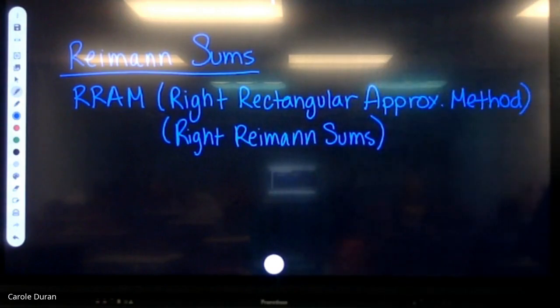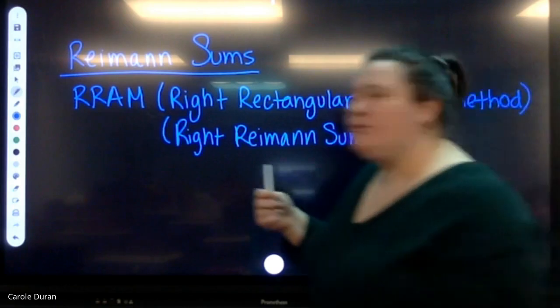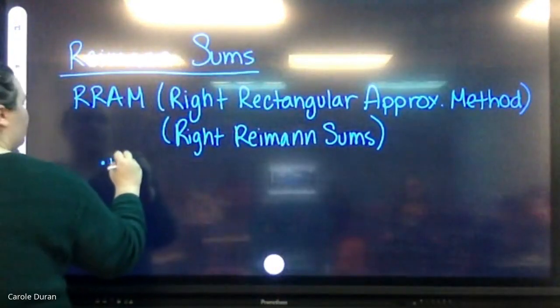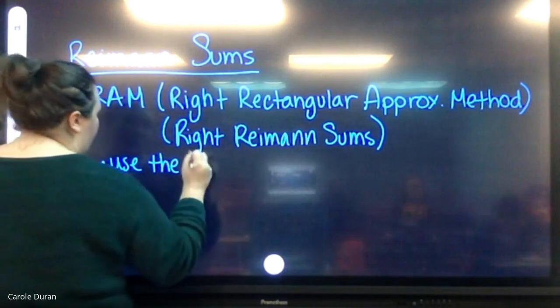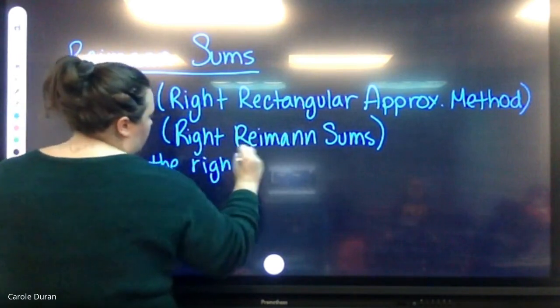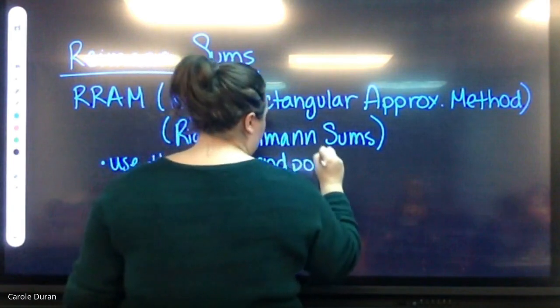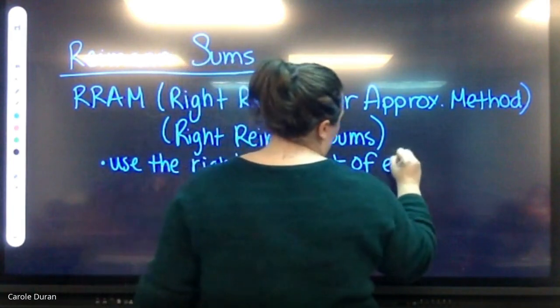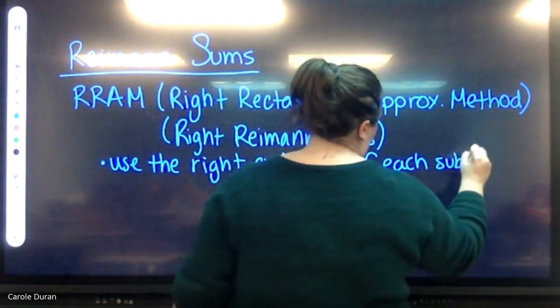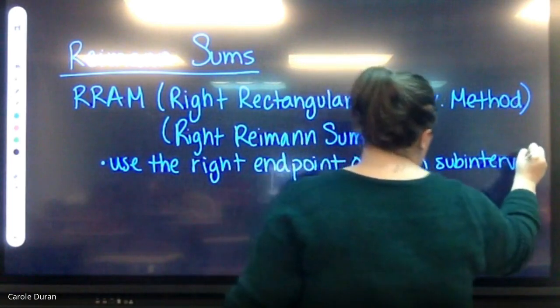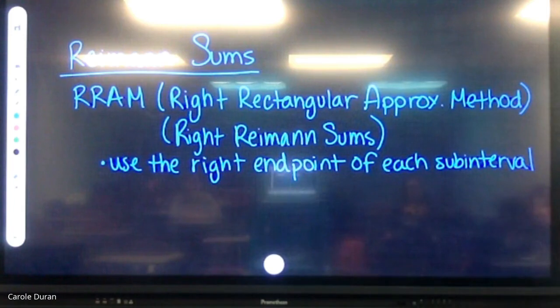So RRAM, or the right end approximation, says that when I'm looking at the intervals, I'm using the right endpoint of each subinterval to approximate. This right endpoint of every subinterval then will be the height of each of my rectangles.